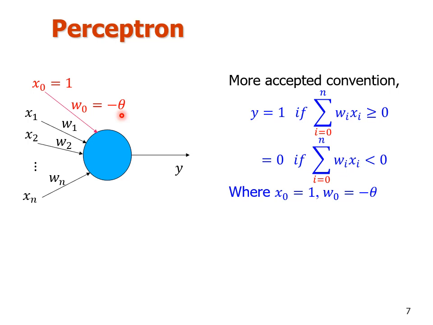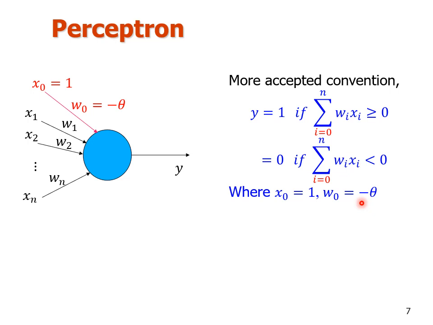So with these settings, this perceptron is similar to that of MP neuron, but here we are taking the weighted sum, and that weighted sum is being compared with 0. And one of the inputs, that is x0, has the associated weight minus theta, which is actually dealing with the threshold.